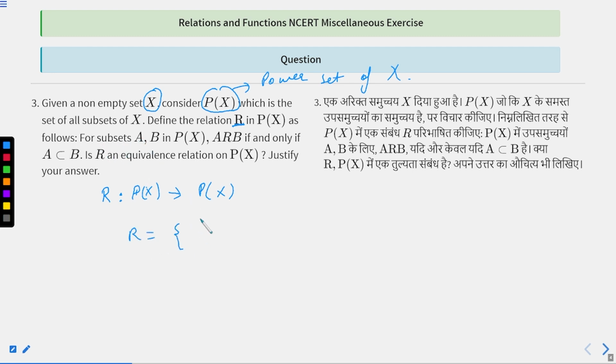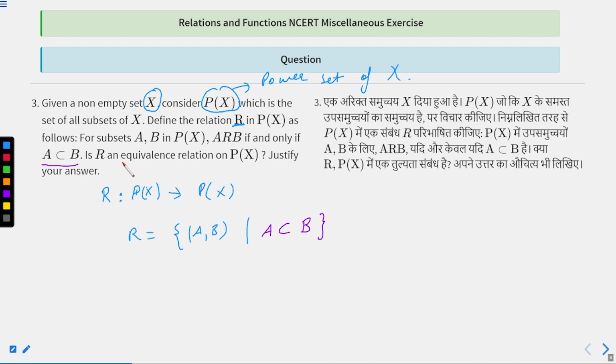For subsets A, B, okay, this pair A, B, such that A related to B, or we only write two subsets of X in a pair when A is related to B, if A is a strict subset of B, not equal to B. Okay. Is R an equivalence relation on Px?